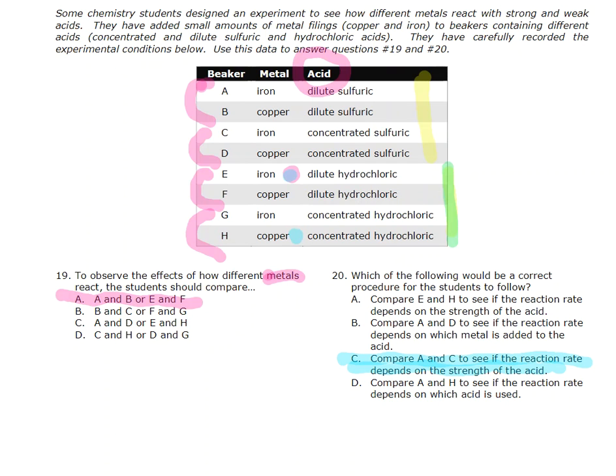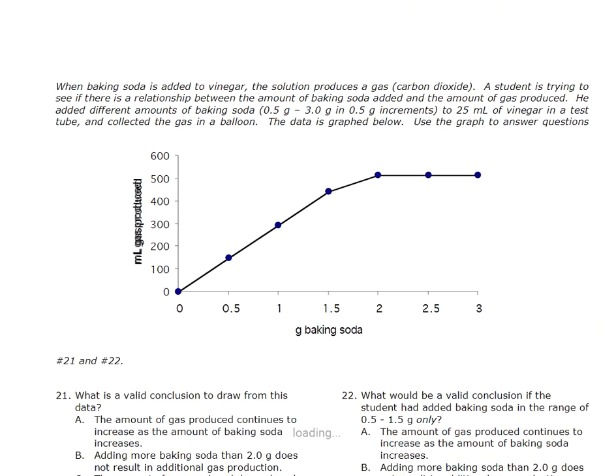A to H, no, because we're comparing dilute sulfuric to concentrated hydrochloric, and we cannot determine based on the strength of the acid if the strength of the acid is what makes the difference if we use two different acids, because it could be the fact that they're different acids and one of them is just naturally stronger or more reactive than the other with that particular metal.